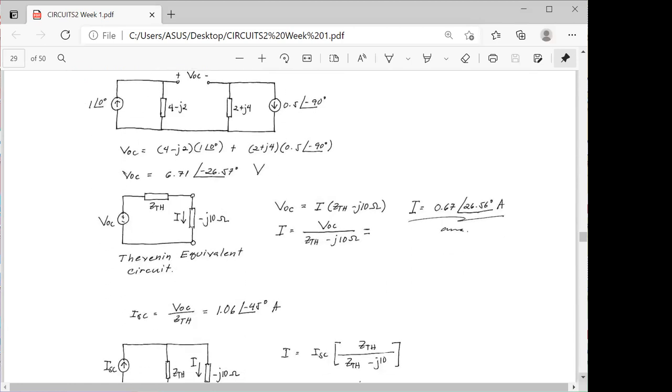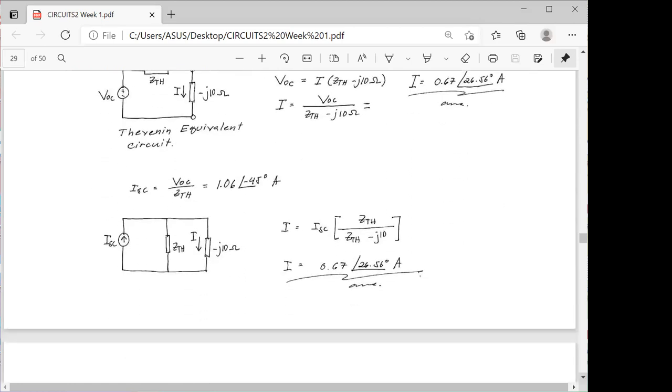Then after that, we'll consider the Norton's equivalent from the computed value of VOC and ZTH. So we can simply say that our short circuit current I sub SC is equal to the ratio of that open circuit voltage and our Thevenin's equivalent impedance, VOC over ZTH.